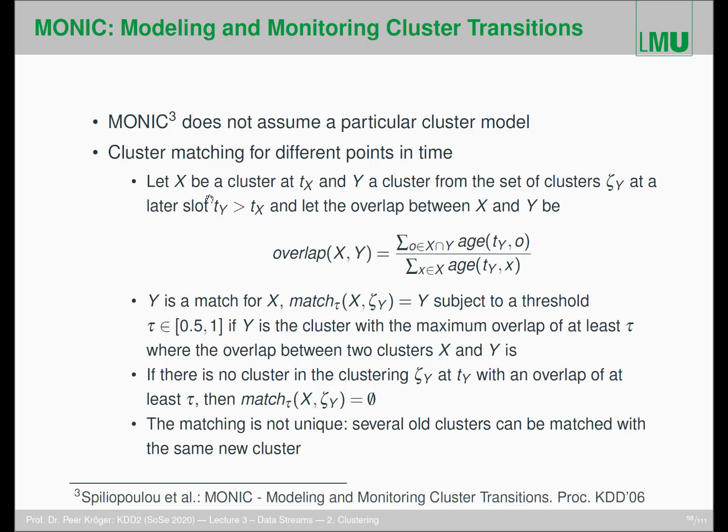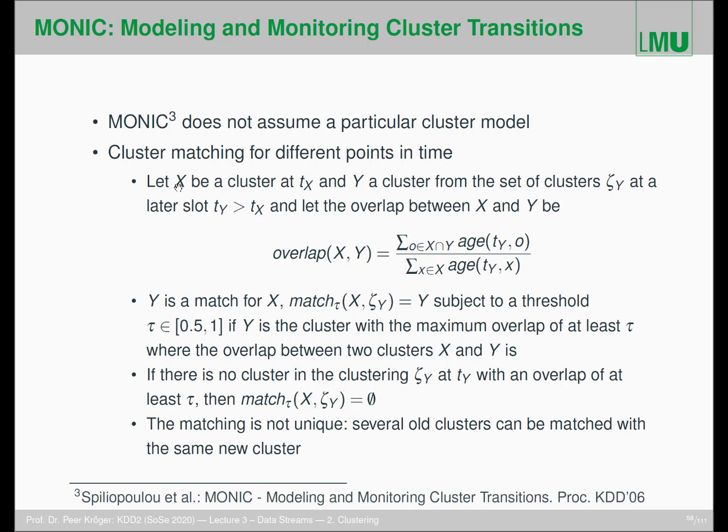So let X be a cluster at time slot TX and Y be a cluster from the set of clusters at time slot TY, which is later. Yeah, so TY is happening later than TX, and this, what is it, Xi or Phi or Psi or whatever, of Y. I'm very bad at these Greek letters. You might already notice that. Anyway, so this here denotes the whole set of clusters at time slot TY.